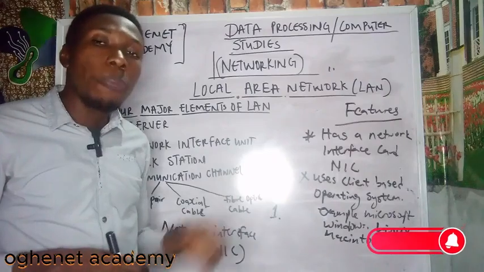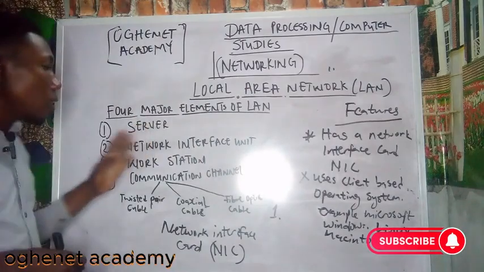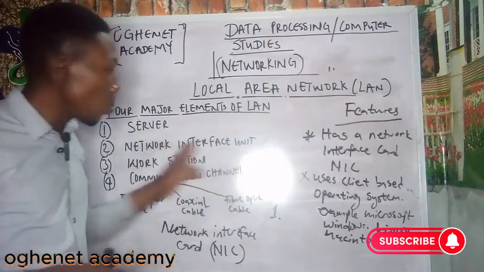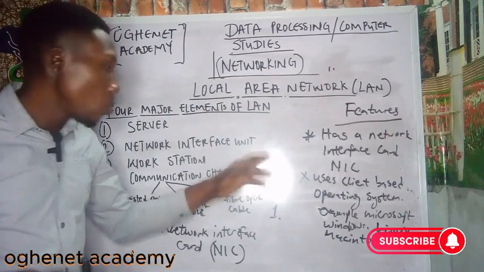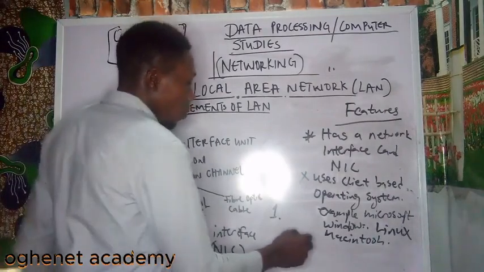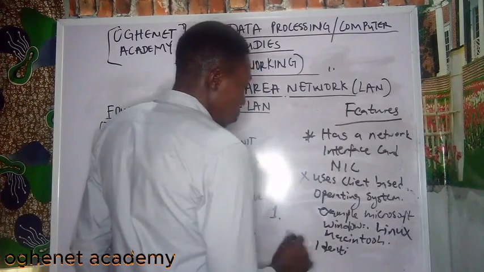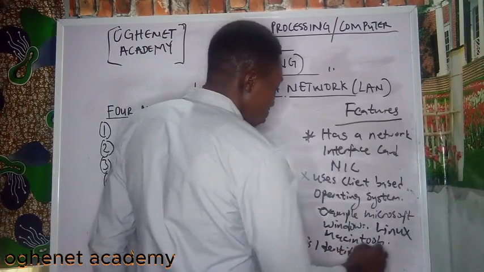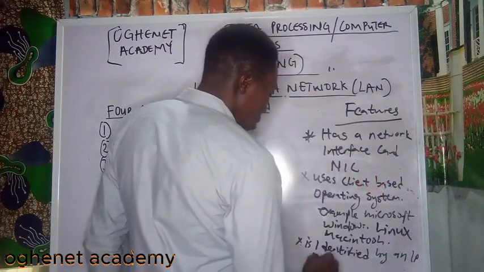So the particular element of the LAN that makes that addressing possible is your network interface unit. Take note of that. So that is one of the features of your workstation: it is identified by an IP address.